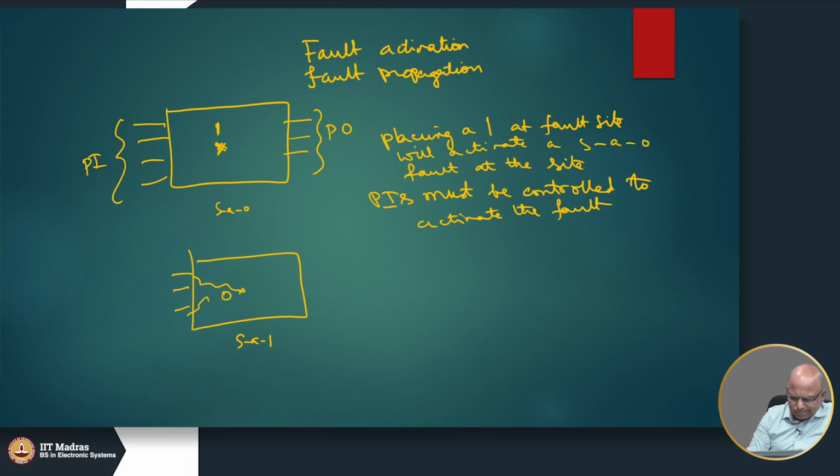All right. The next thing is to propagate the fault to one of the primary outputs. It may be this fault, there may be others.